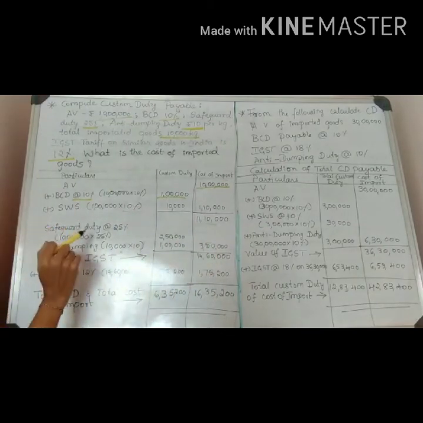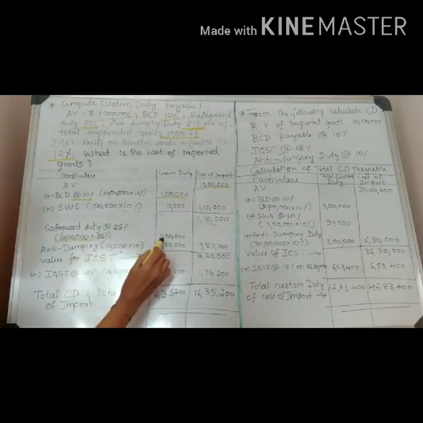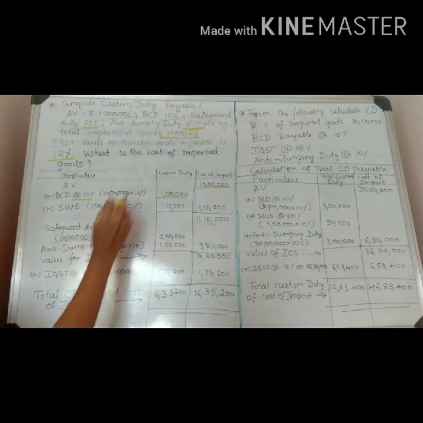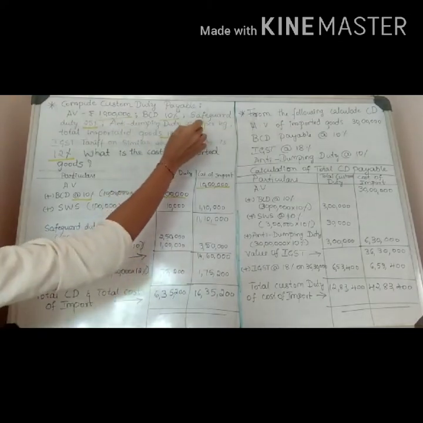Next, safeguard duty at 25% on assessable value: 10 lakh into 25%, 2,50,000. Next, anti-dumping duty is rupees 10 per kg.